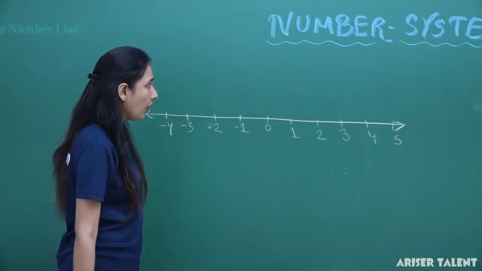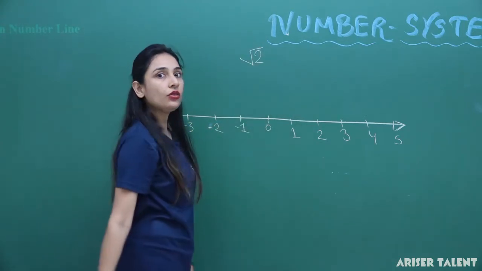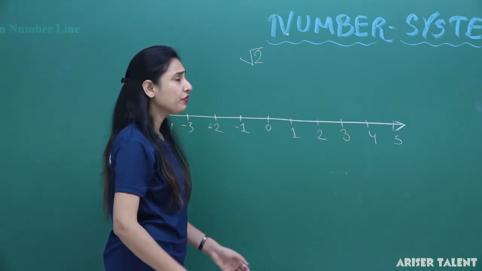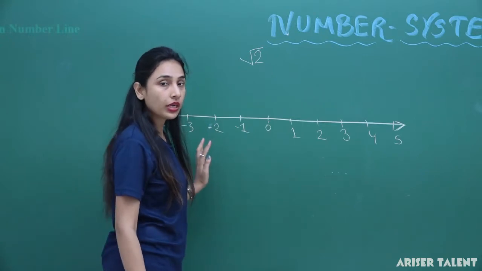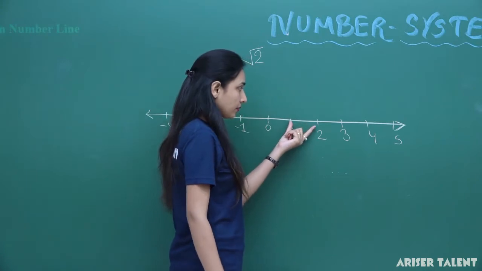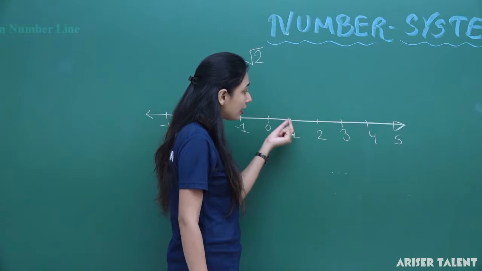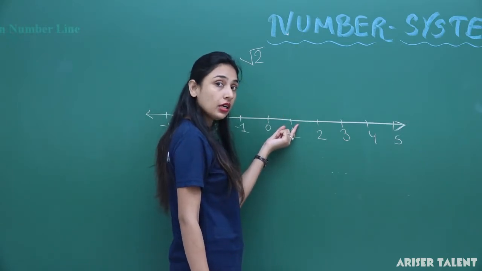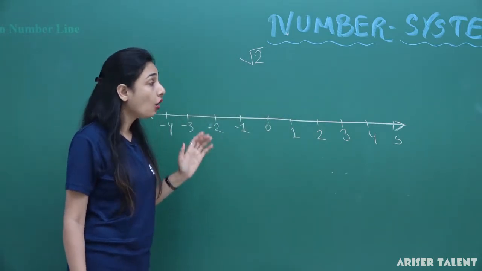So now I have to plot this root 2 value. We all know that it is something like 1 point something, 1.14 and something, but what is the exact value, you do not know, I do not know. So if I have to plot it here in points, how will you calculate and mark the exact point to draw the value of root 2? How will you do that?